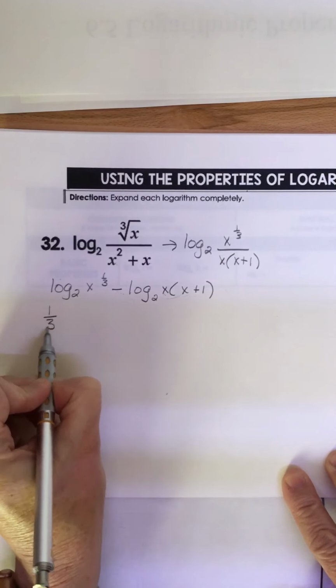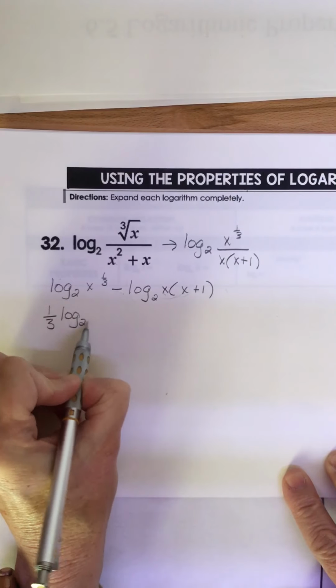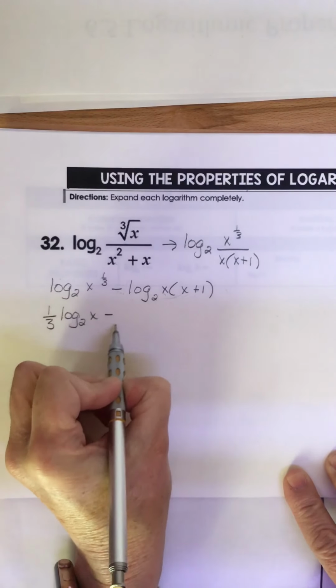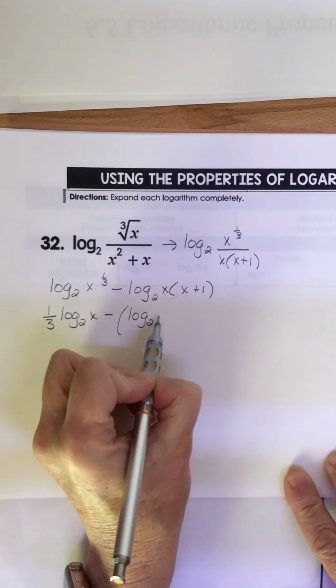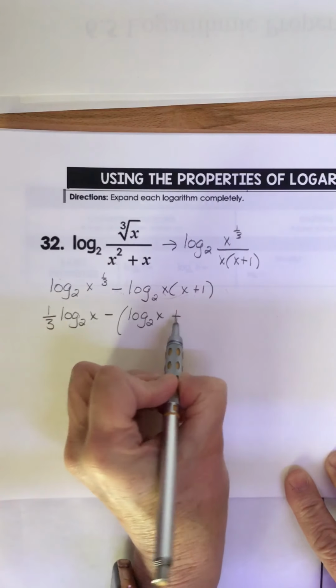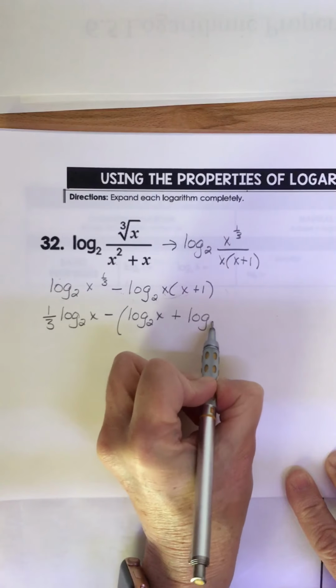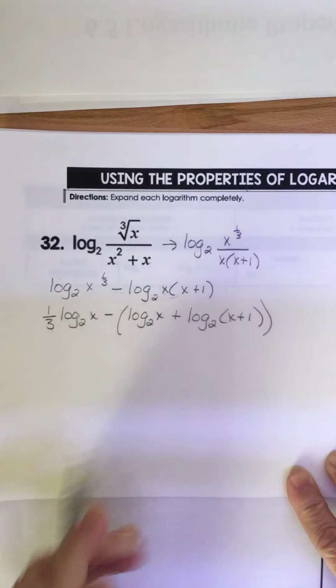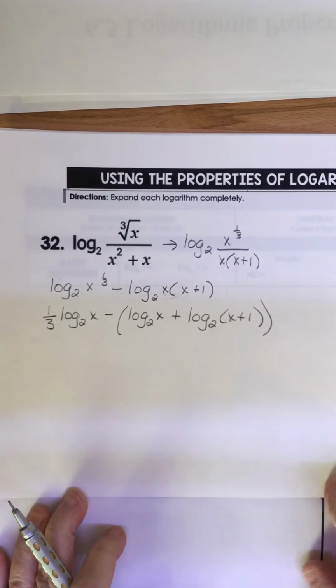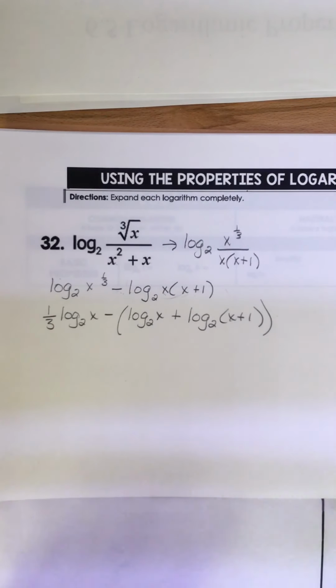So we've got 1/3 log base 2 of x minus log base 2 of x plus log base 2 of x plus 1. All right, so that last one was kind of hairy, but I know that you guys can do it.